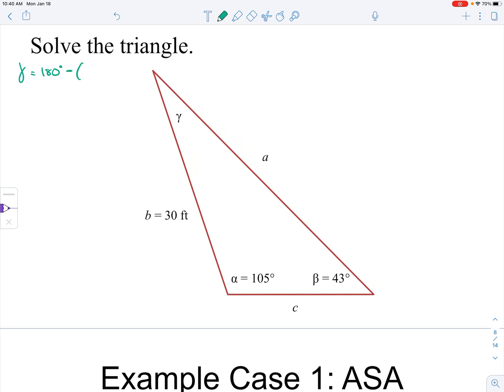So gamma would be equal to 180 degrees minus the sum of those two angles, so minus 105 degrees plus 43 degrees. Don't forget to have your degree symbols. Very important. If you don't have degrees, it indicates that the angle is in radians. So the angle gamma ends up being equal to 32 degrees.